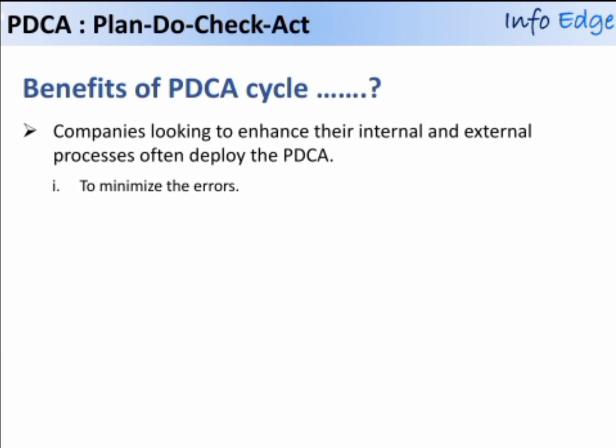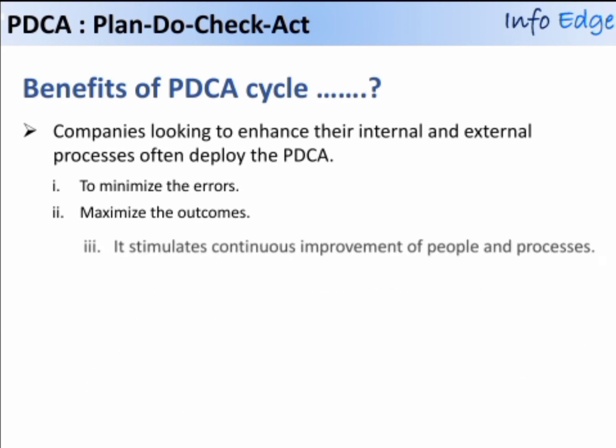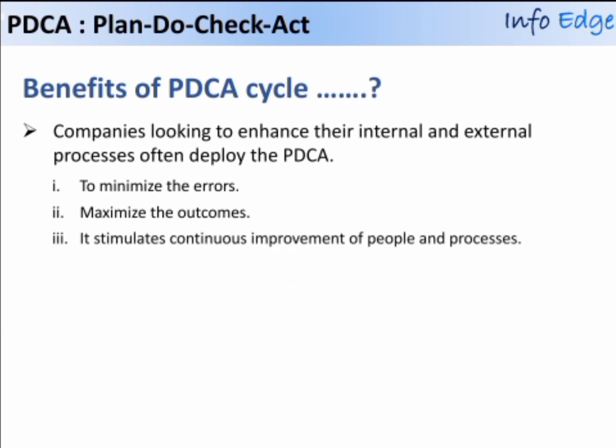While doing the PDCA cycle continuously, we can avoid errors, and by avoiding all the errors, we get maximum outcomes from the process. It stimulates continuous improvement of the people and process. This encourages the team toward continuous improvement, and prevents recurrence of mistakes.